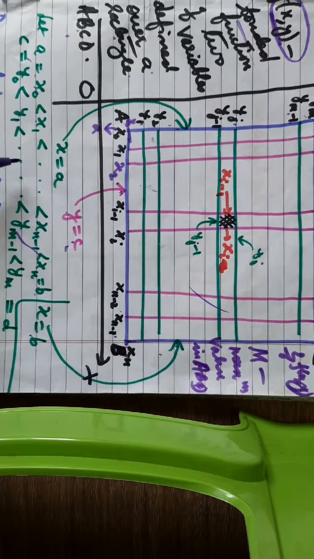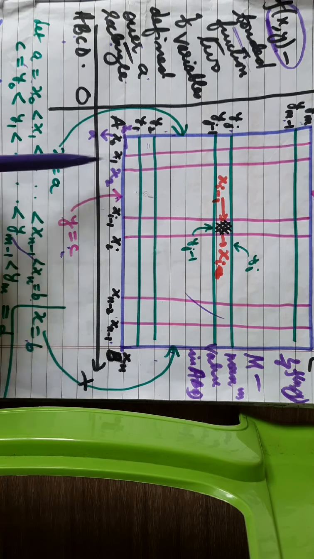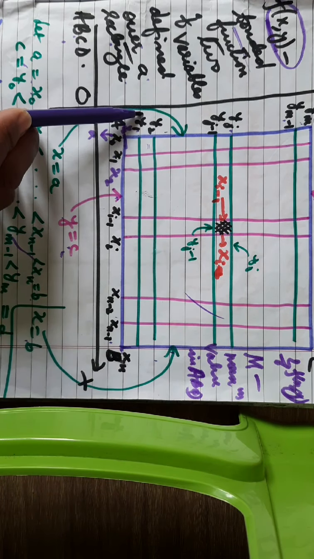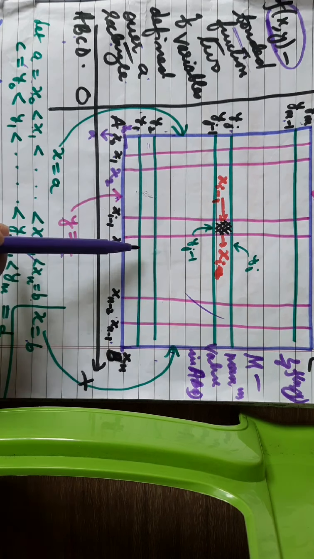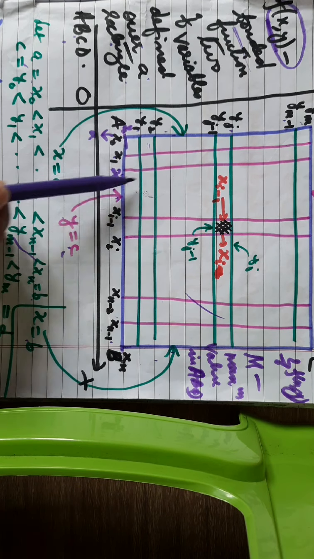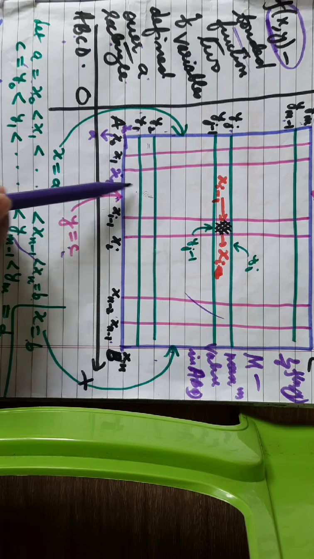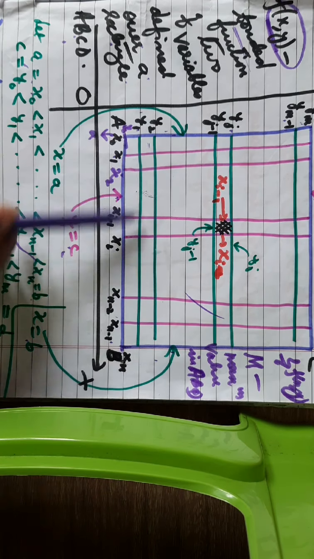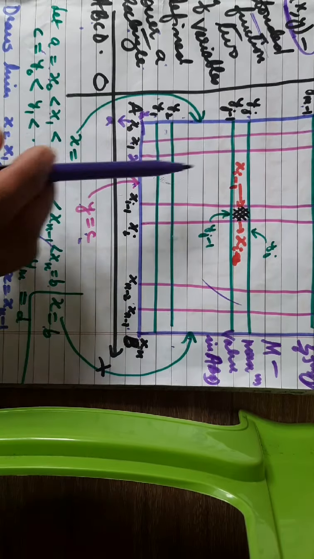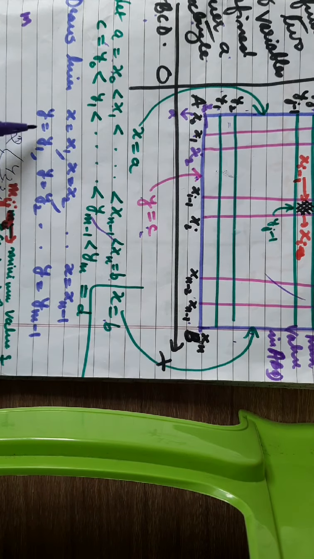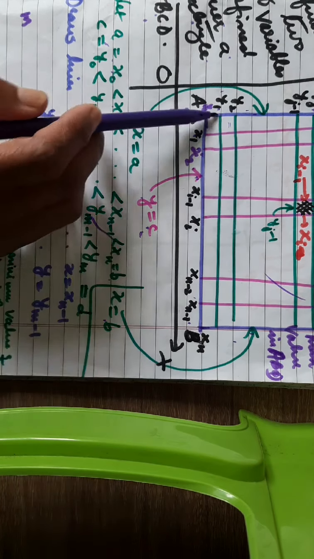Now the next step: through this line x1, you draw a line which is parallel to the y-axis, or to x equal to a. Similarly, through x2, we draw a straight line which passes through this point and is parallel to x equal to a, and so on. Similarly, you draw a line y equal to y1.